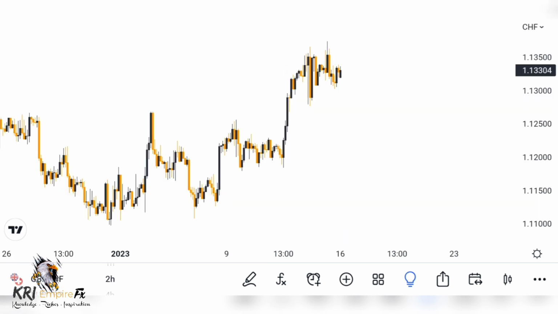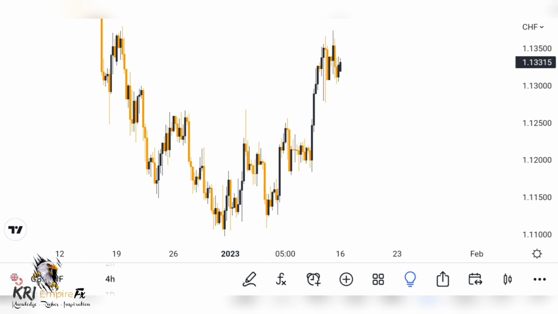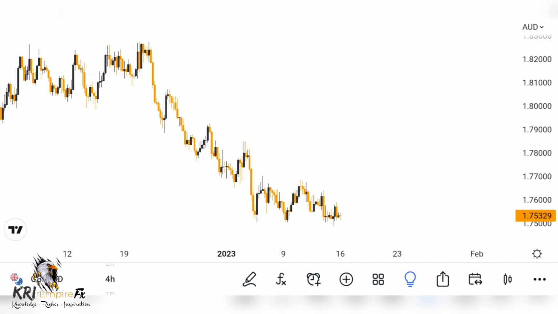Let's see, GBP CHF. Let me move to the 4 hour. To the 4 hour, do we have a high probability? Maybe not that. Let me look at another pair. All right, here's one.